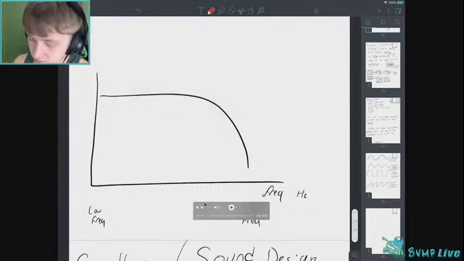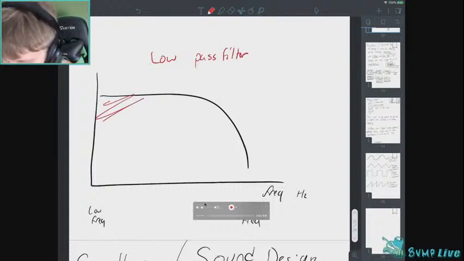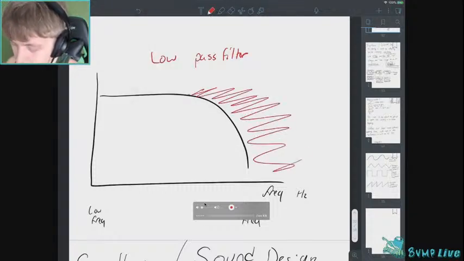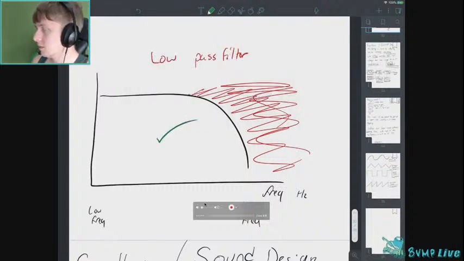This is a low pass filter. All the stuff on the left side is being let through, is being heard. But all of the frequencies on the right side, all the high frequencies, are being cut out.